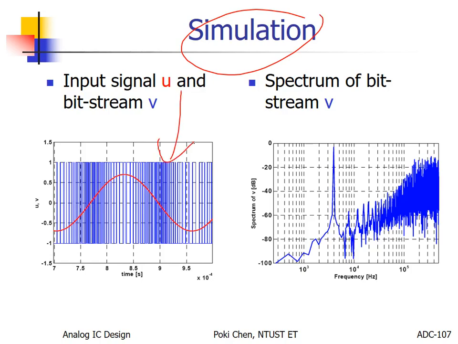We have a sine wave as the input, and the blue one, V, as the output, the digital output bit stream. Yeah, you will see, I told you already, a lot of ones here, more zeros there.